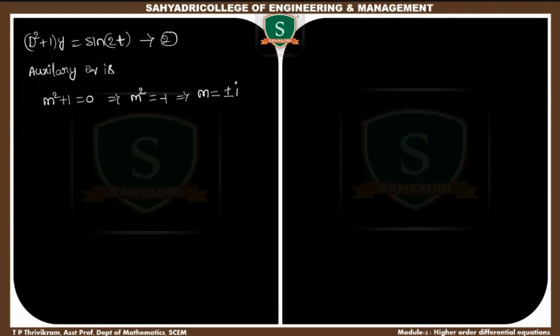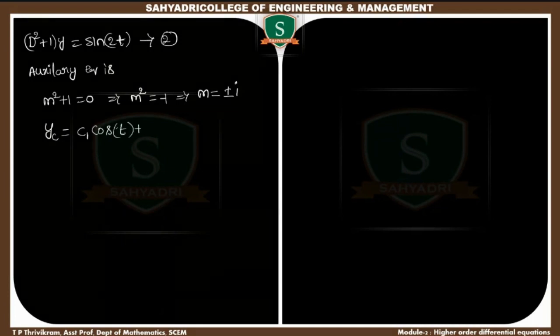So what will be the solution? Yc is c1 cos, the coefficient of i is 1, so here not x, it is t, because the given differential equation is of the form t variable. Next, c2 sin t.